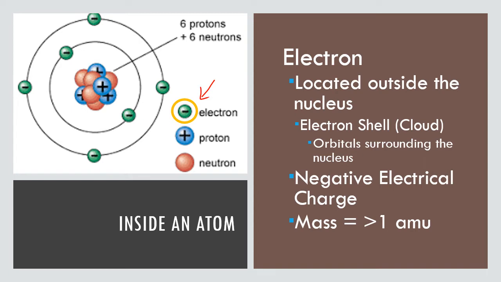So to explain this, electrons are more or less electrical waves, the negatively charged electrical waves that go around the nucleus of an atom. And this actually makes sense why they're going around.